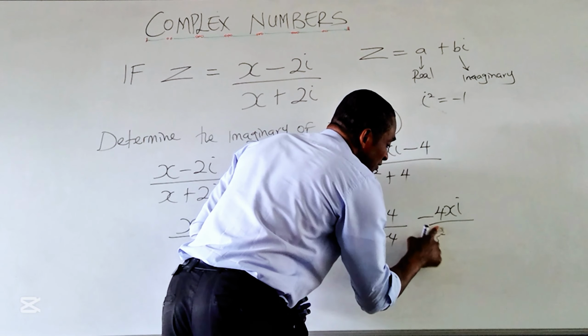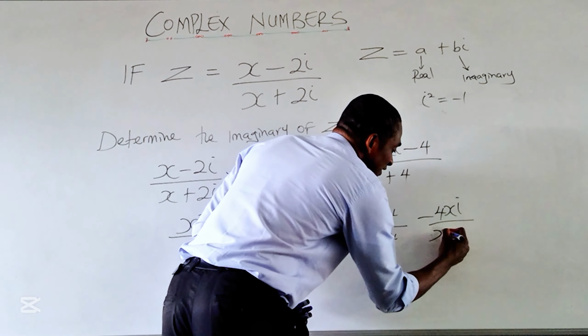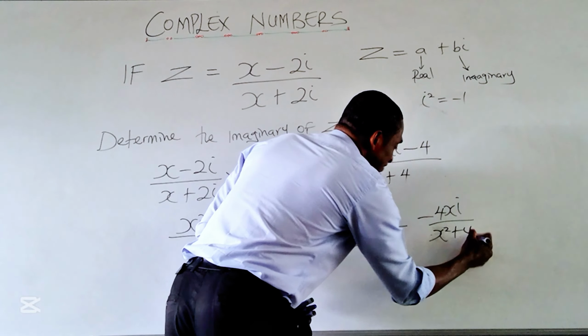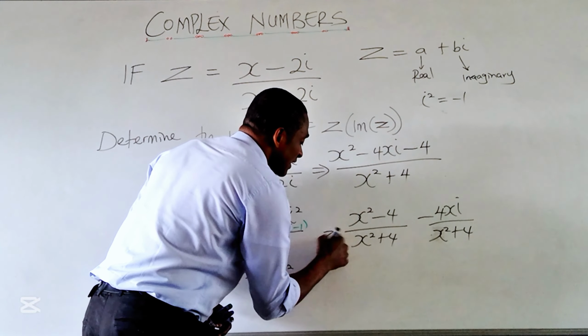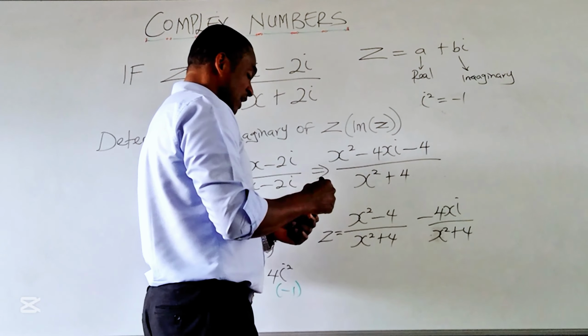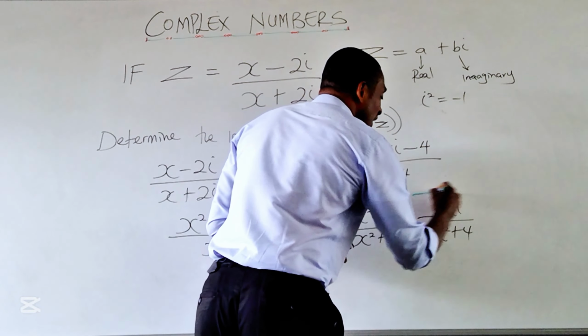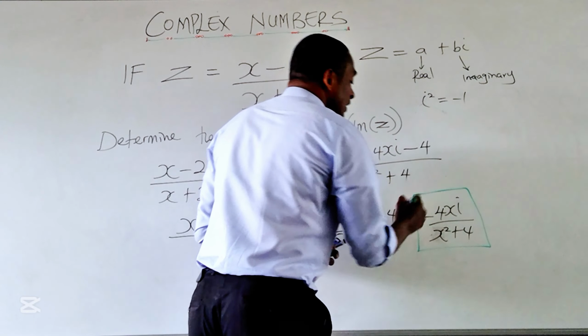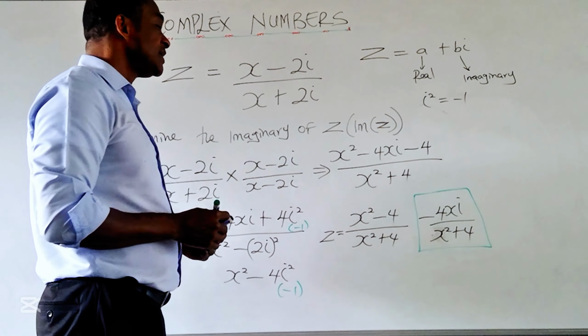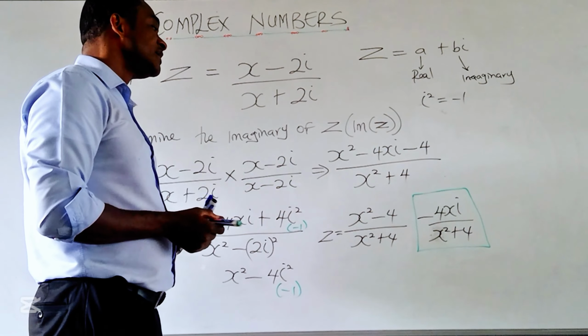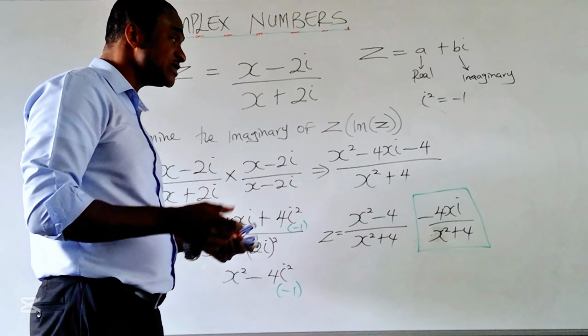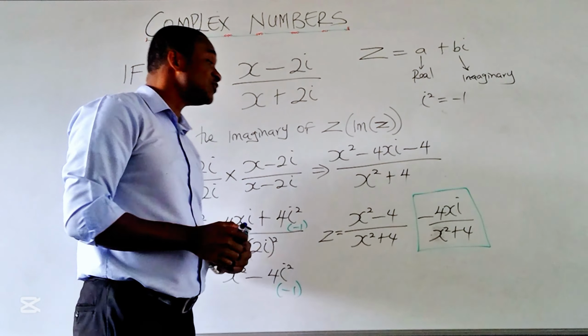It is also supposed to share the denominator. So the imaginary part of this expression is minus 4xi all over x squared plus 4. Or we can just say minus 4x over x squared plus 4.